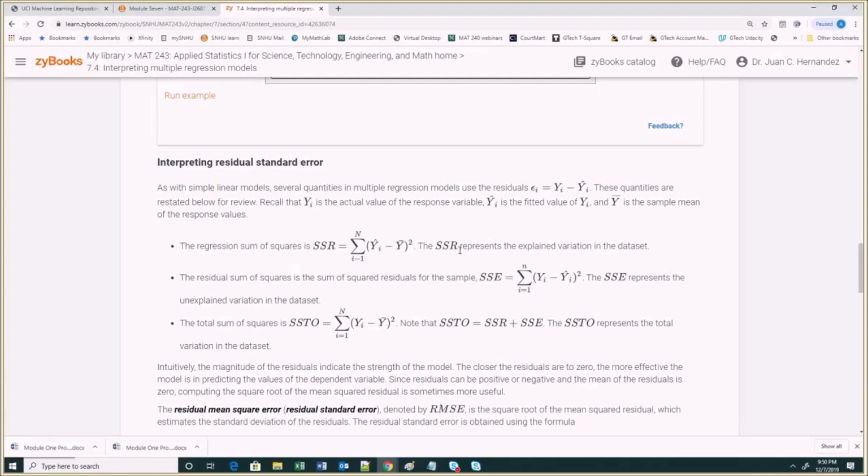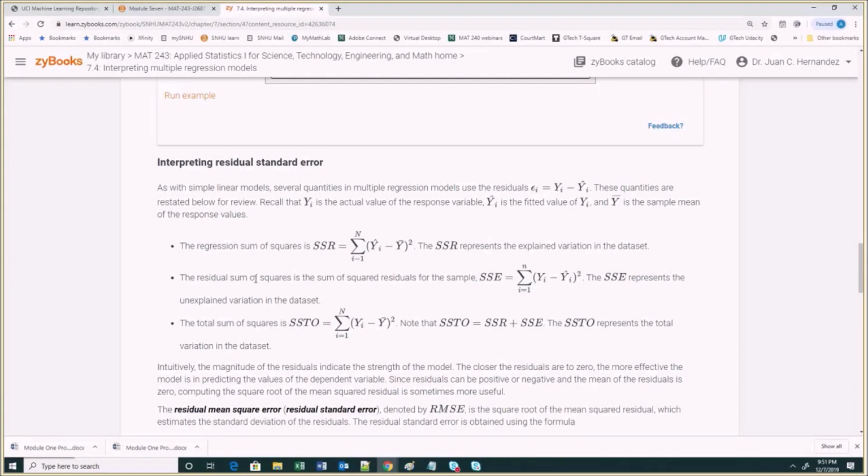The multiple regression model will try to fit the data set that you have, and in the process it will be able to explain a portion of the variation in the dependent variable, and it will be unable to explain the other portion. So what you want is for the regression model to explain as much of the variation as possible in the dependent variable, but it will certainly be very hard to explain 100% of it.